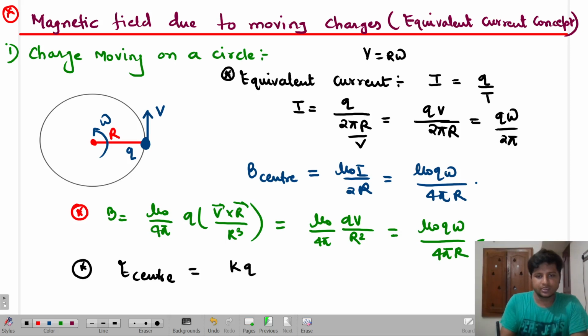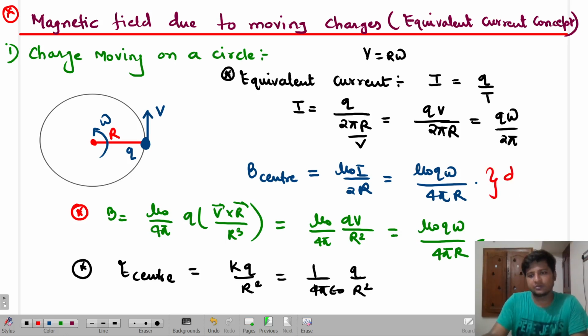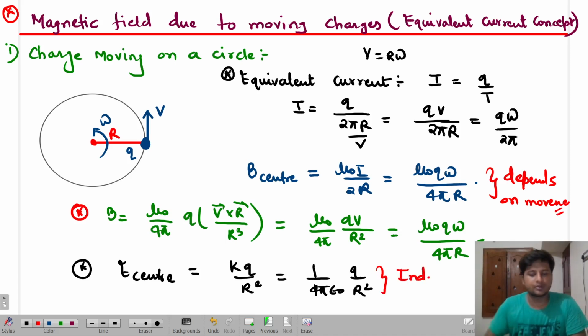So it will be simply kq by r square, so 1 by 4 pi epsilon naught q by r square. So this means that magnetic field depends on movement of charge, isn't it? But why is this independent? Independent of movement of charge.